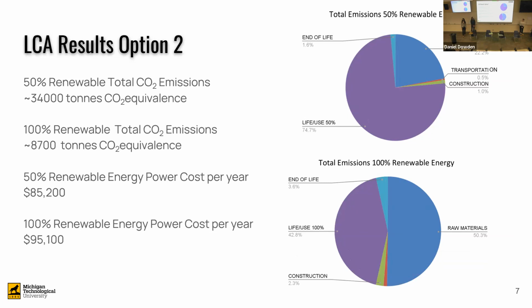This was expected. However, there will still be associated emissions with the building over the 50-year life period. And this is due to the fact that there is general maintenance that will be needed over the 50-year lifetime of the building. And so there is an increase in cost that is around $10,000 for the HSTEM building for powering it per year.